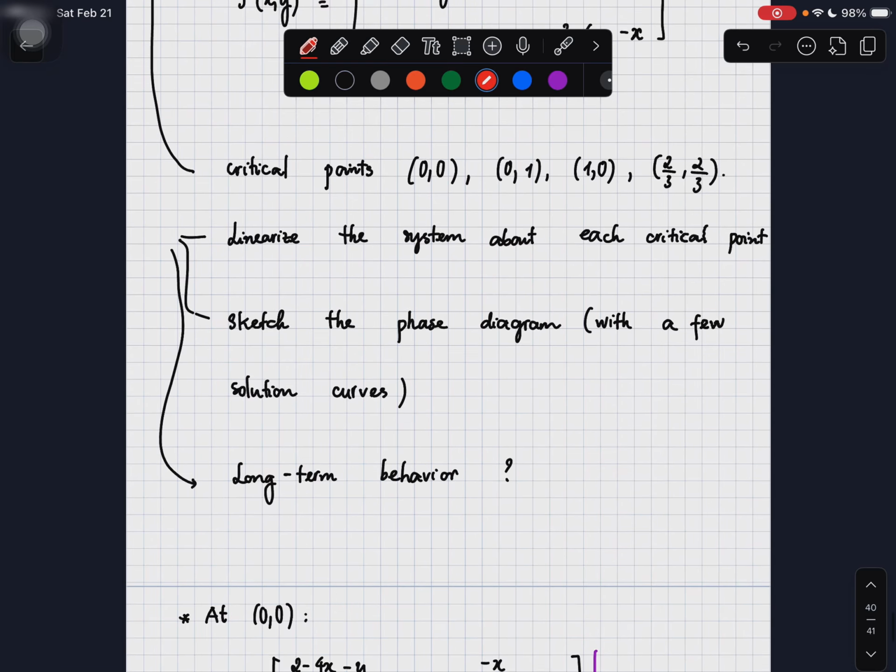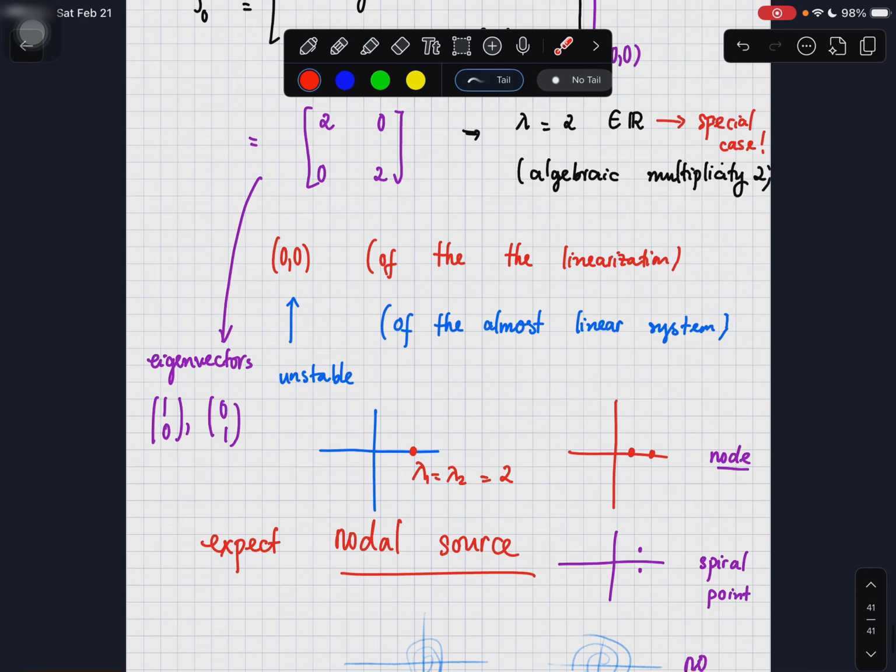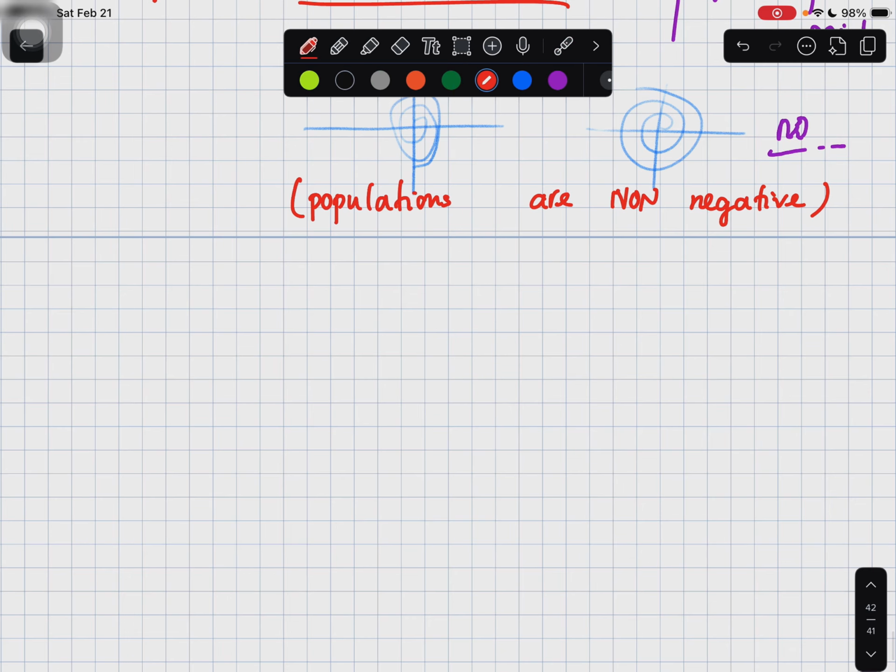Let's do the second critical point 0, 1. At 0, 1, we compute the Jacobian matrix. Let me call it J1.